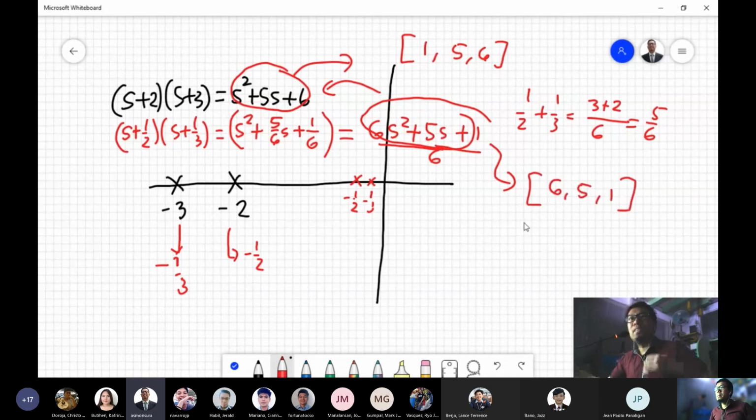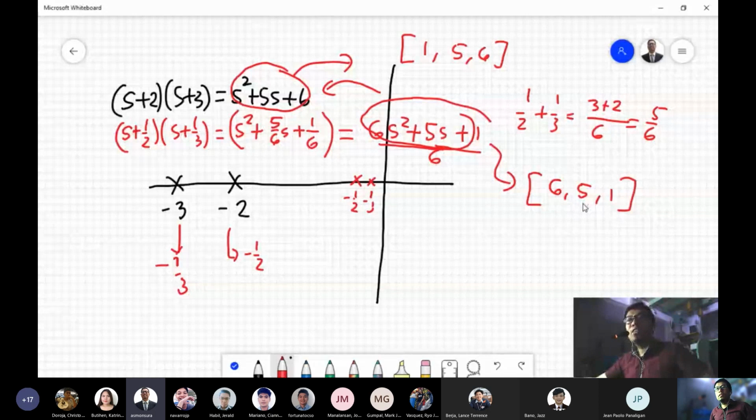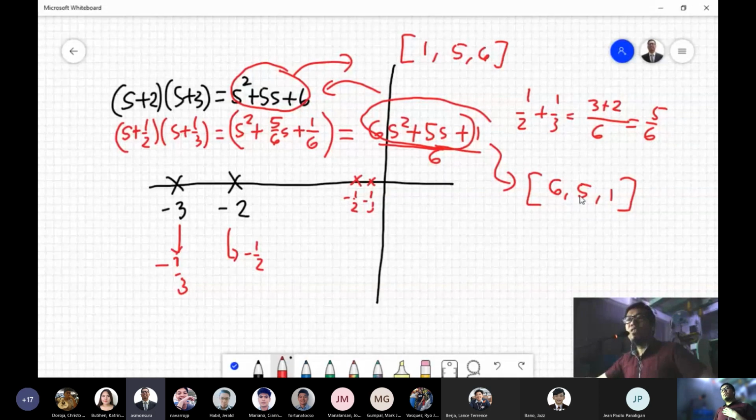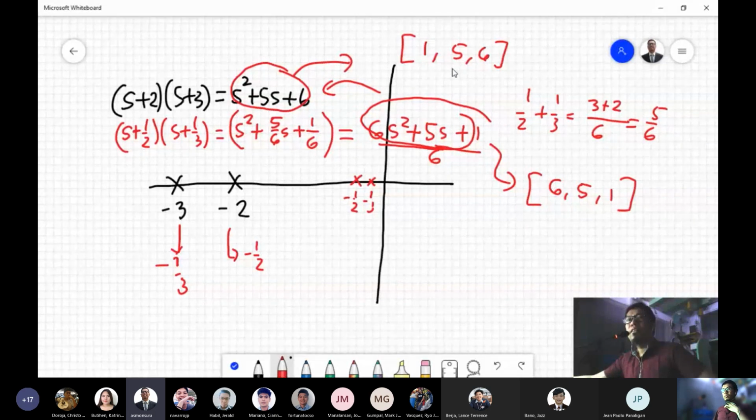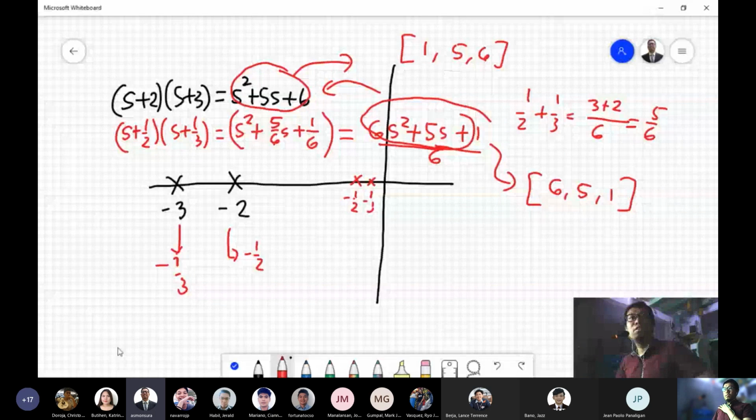Ang napapansin natin, pag in-arrange natin yan in reverse, yung roots nun would actually be the reciprocal of the roots of the original polynomial. Ito yung isang technique na pwede natin gamitin.